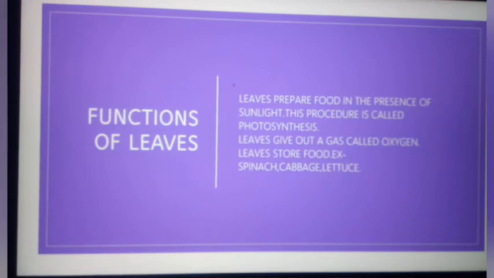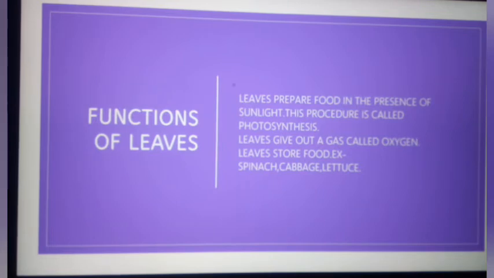And I told you already that leaves contain stomata. Stomata are very small openings or very small holes through which plants take in air and give it out. So these are the functions of the leaf.